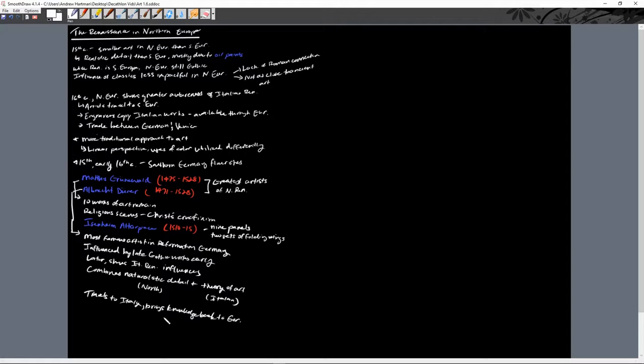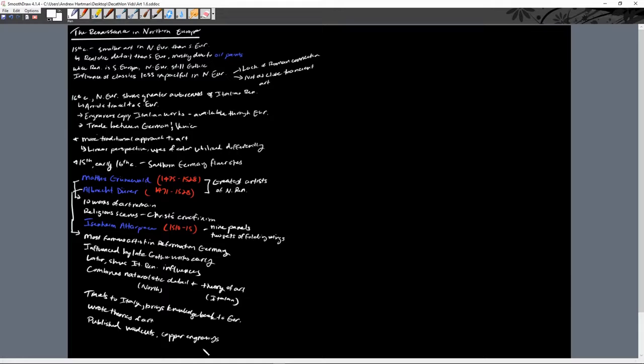And he wrote about theories of art and published. So he wrote about theories of art, let's start there. And then on top of that, he also published a series of woodcuts and copper engravings.